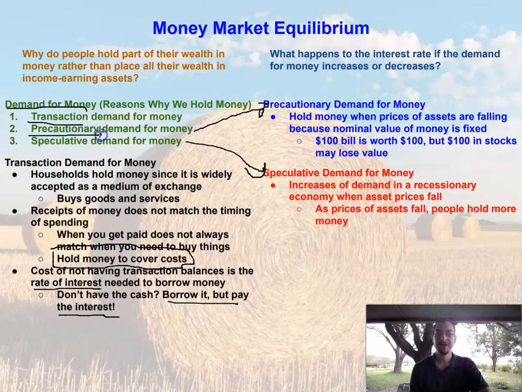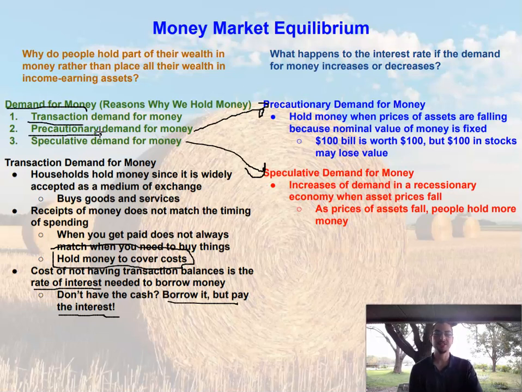The second aspect is the precautionary demand for money. We are worried that if we take our money and invest it in an asset, that asset may lose value. We don't want it to lose value, but we know that the $100 bill or the amount of cash we have today is going to be worth the same in nominal value in the future. So if we're worried about an asset losing value, we're going to retain that money.